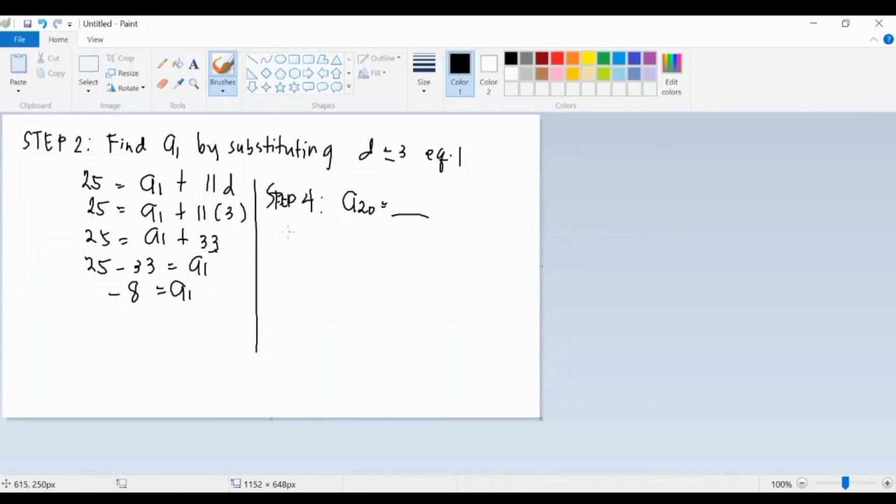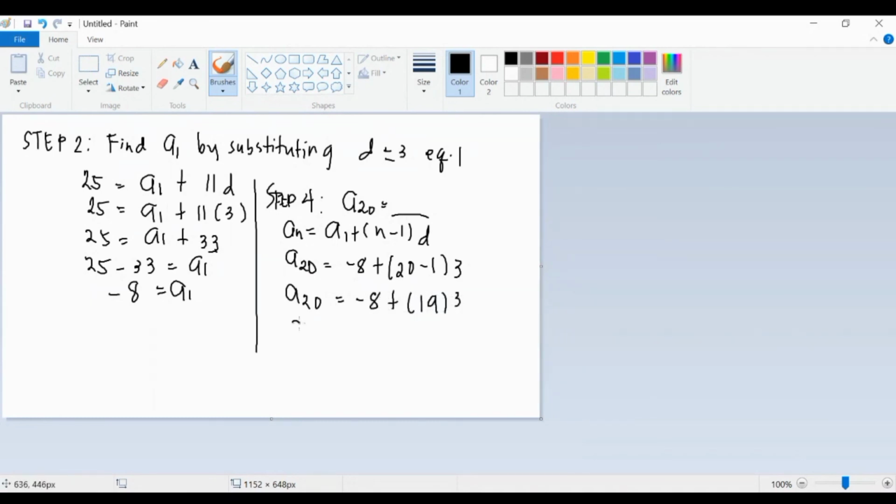So by substituting from the given formula a sub n is equal to a sub 1 plus the quantity n minus 1 times d, we have a sub 20 is equal to a sub 1, which is negative 8, plus 20 minus 1, and our common difference is 3, so times 3. So we have a sub 20 is equal to negative 8 plus 19 times 3. So we have a sub 20 is equal to negative 8 plus 57. So a sub 20 is 49.